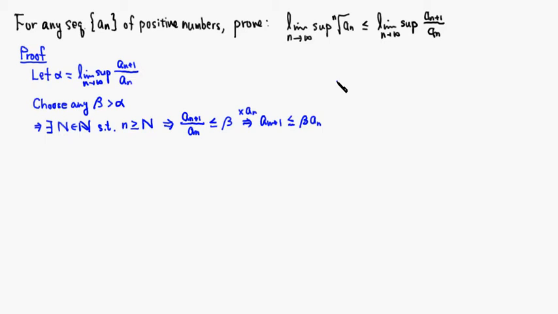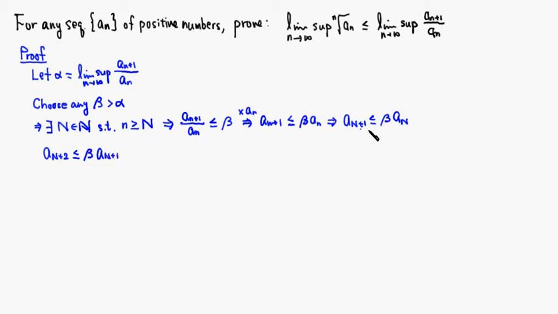In particular, this is true starting from capital N, so a_{N+1} is less than or equal to beta times a_N. And we can say the same thing about a_{N+2}, which is less than or equal to beta times a_{N+1}.